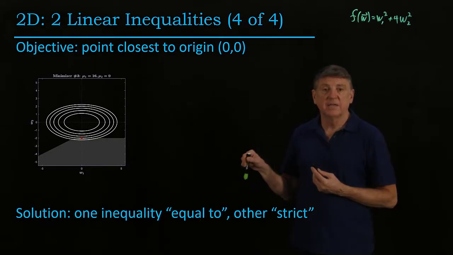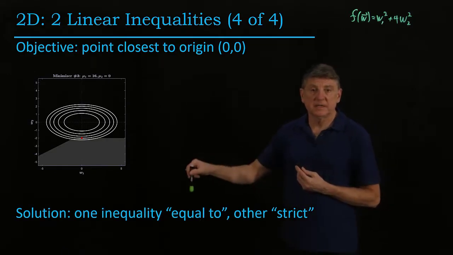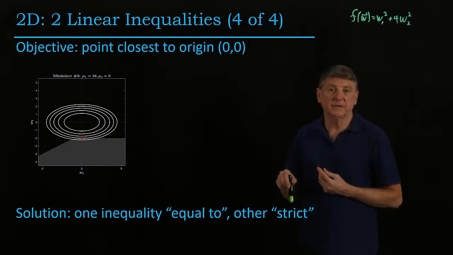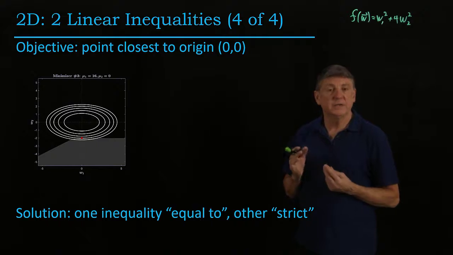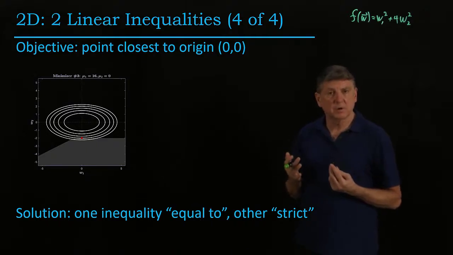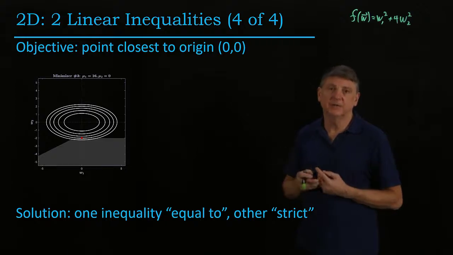Now we're seeing that it's possible for it to be on the boundary of one constraint and be an interior point of the other constraint. So we can see immediately that linear inequalities are much more complicated to handle than linear equalities were.